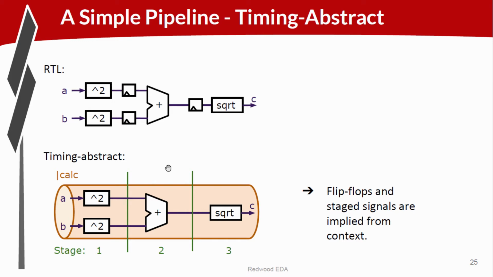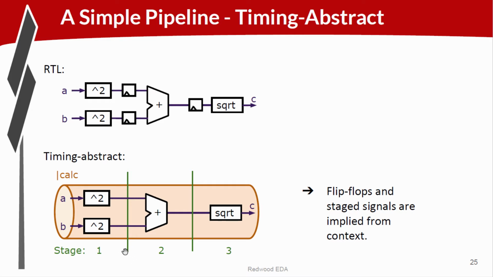There are different forms of timing abstraction, and I'm going to talk about the form provided in TL Verilog. With TL Verilog, we give ourselves a pipeline, and we'll call it calc. That pipeline has multiple pipeline stages, and we're going to provide this computation within those stages.